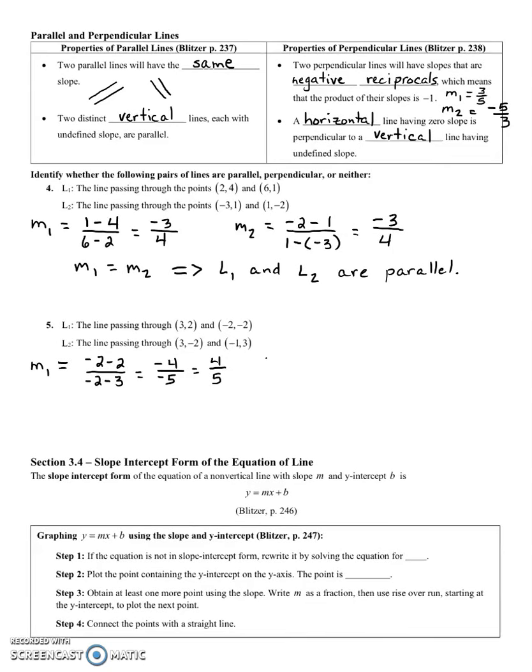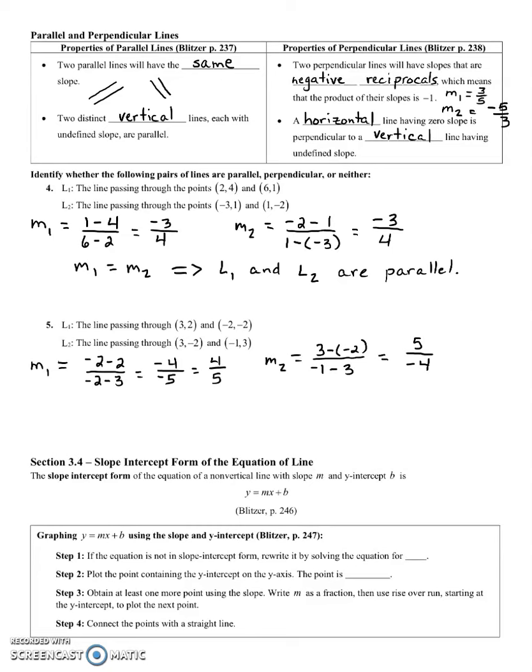Okay, let's do the second slope. So we have 3 minus a negative 2 divided by a negative 1 minus 3, which gives us 3 minus a negative 2 is 5, and 1 minus negative 3 is a negative 4.